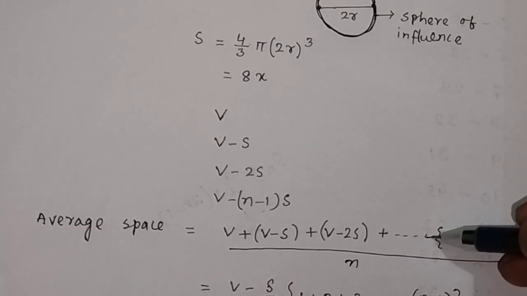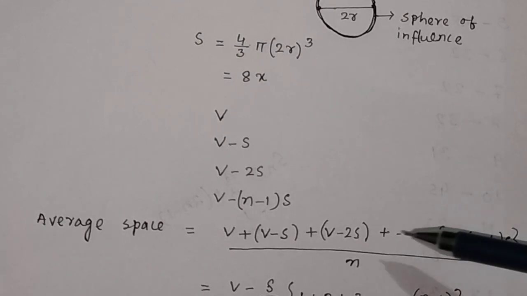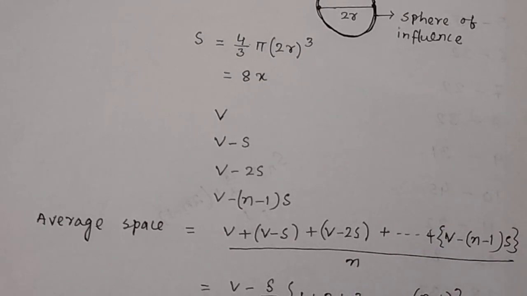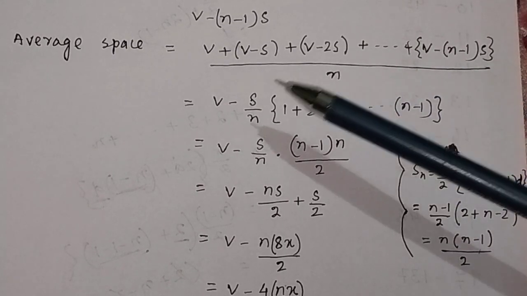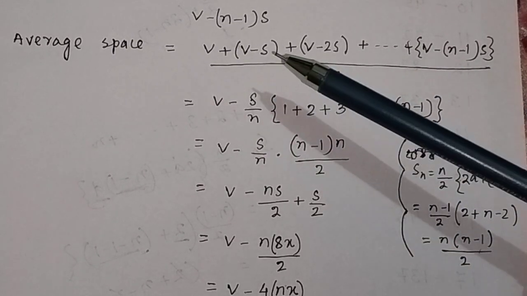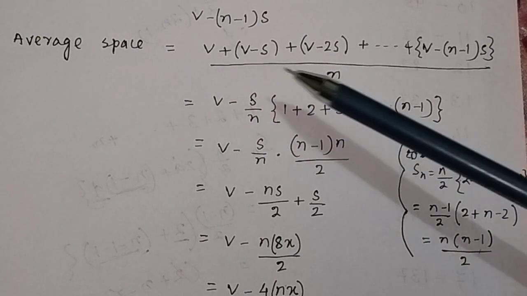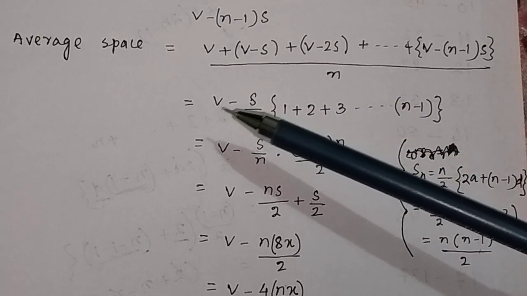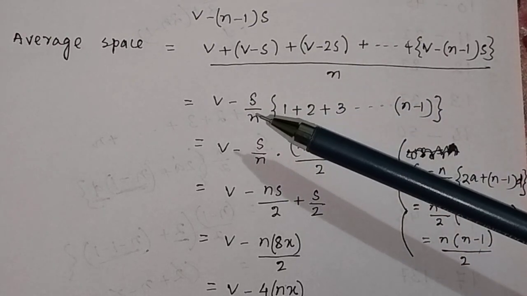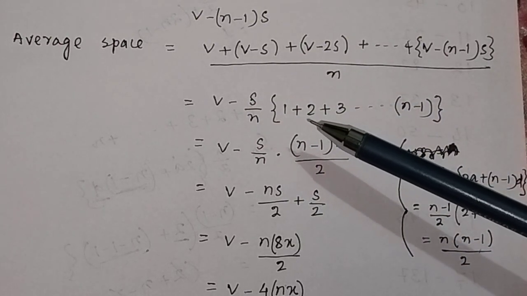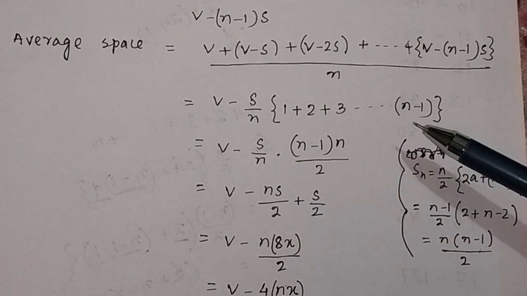We have to find the arithmetic mean of this quantity. Here you have n into V, so n into V divided by n, that is equal to V minus, if you take S by n common, in the bracket you have 1 plus 2 plus 3 up to n minus 1.